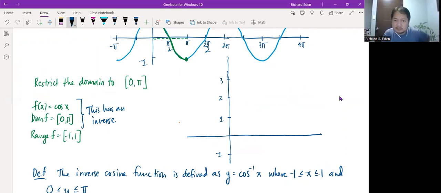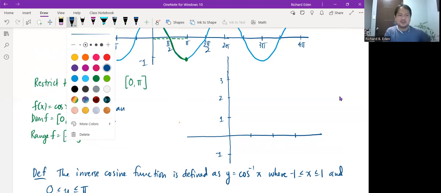Where's pi gonna be? 1, 2, and then 3. It's just a bit annoying that we're gonna have to approximate the location of pi here on both axes.